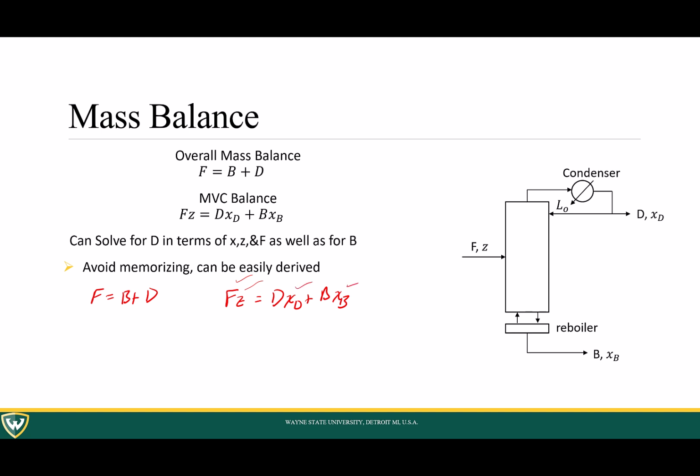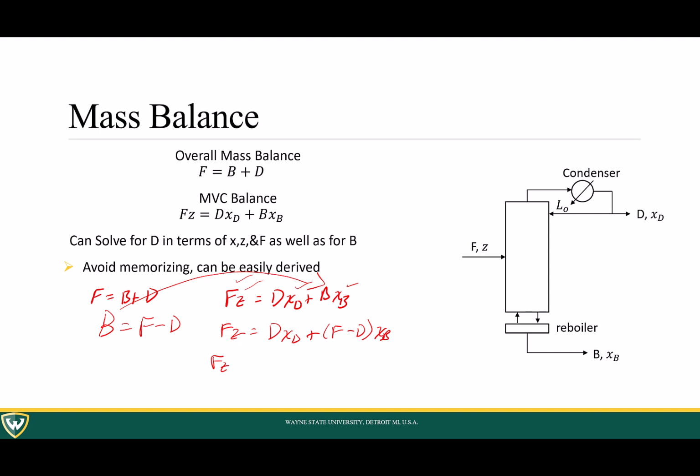So we can just solve and say B is equal to F minus D. If we plug that in here, we get that FZ is equal to DXD plus, this ends up being F minus D times XB.